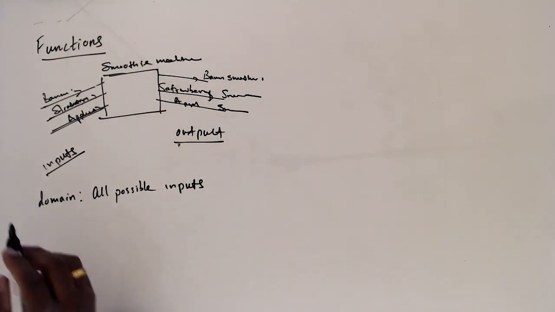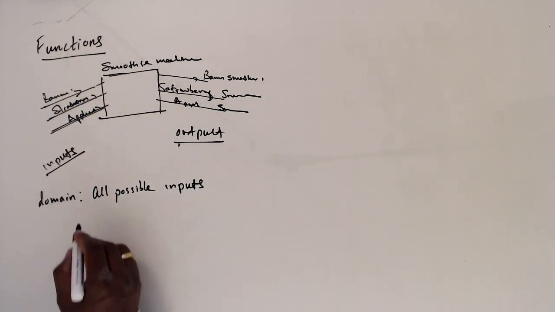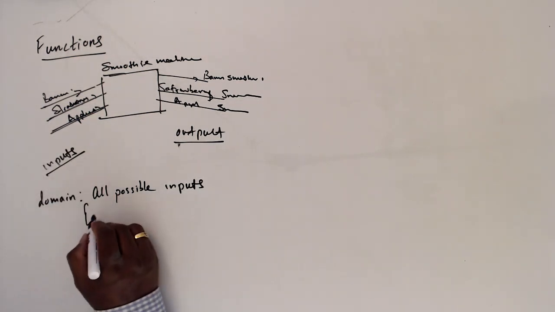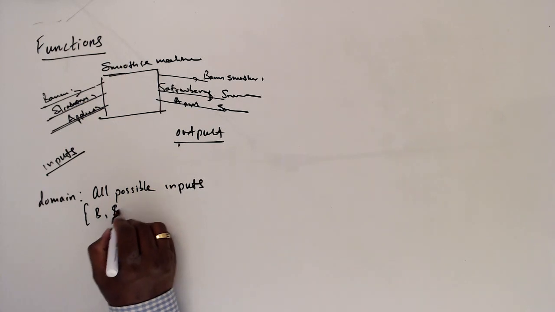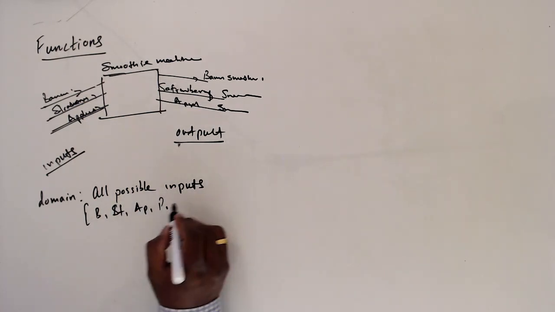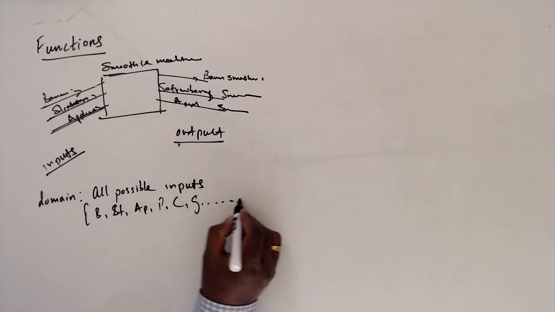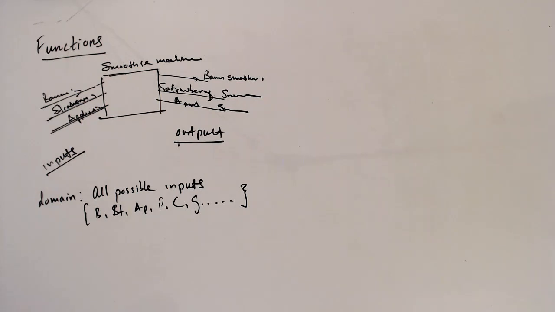What are all the possible inputs? Now only three inputs here. So all possible inputs are banana, strawberry, apple, pears, cherry, grape, likewise all the fruits in this universe.